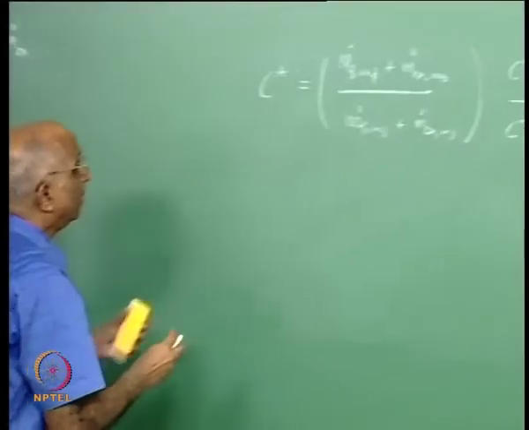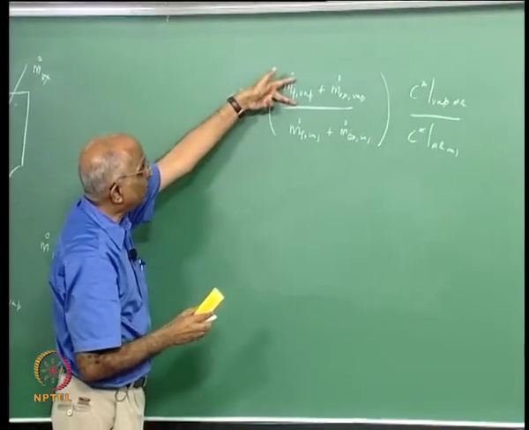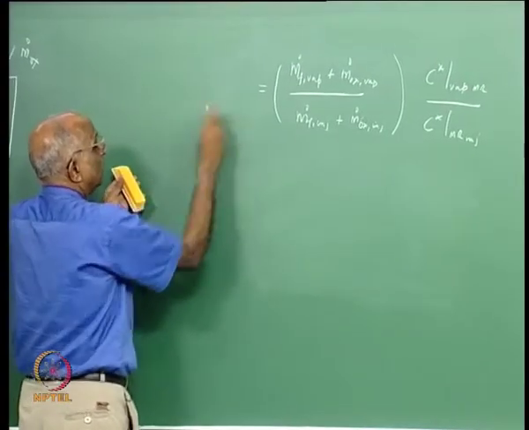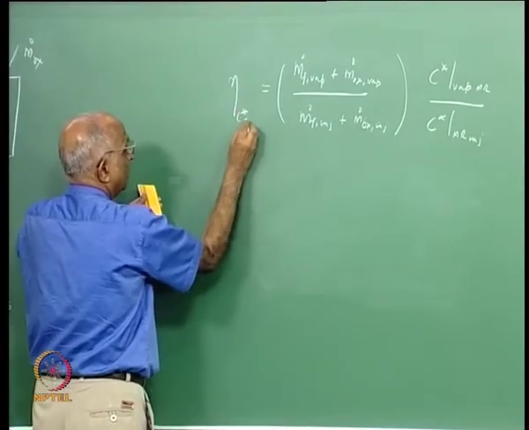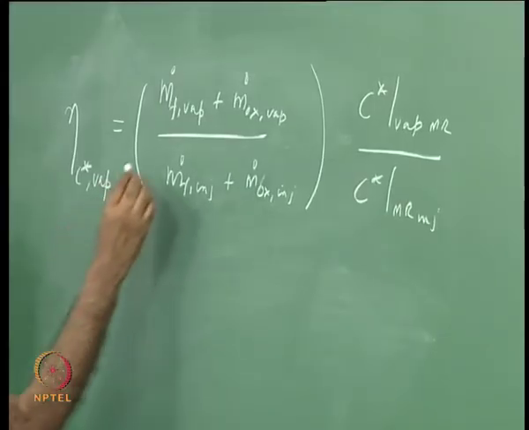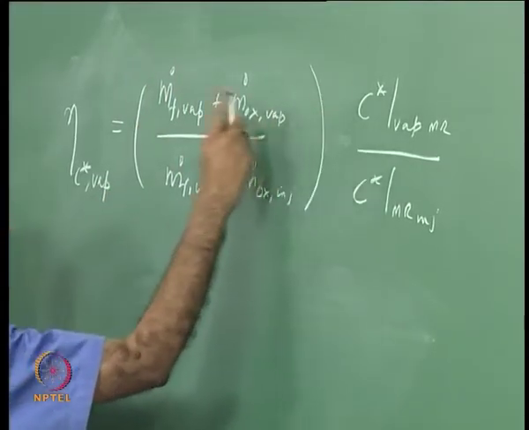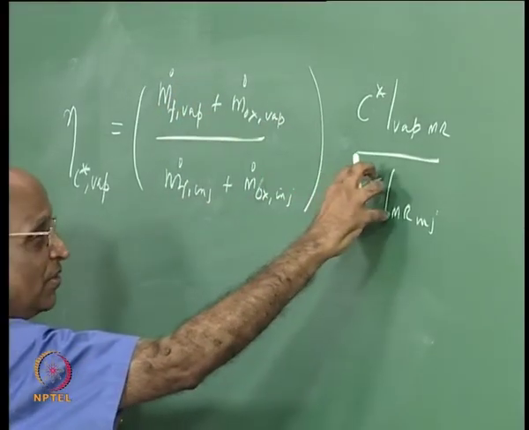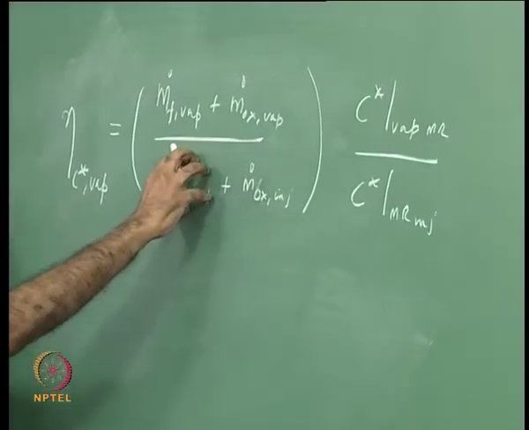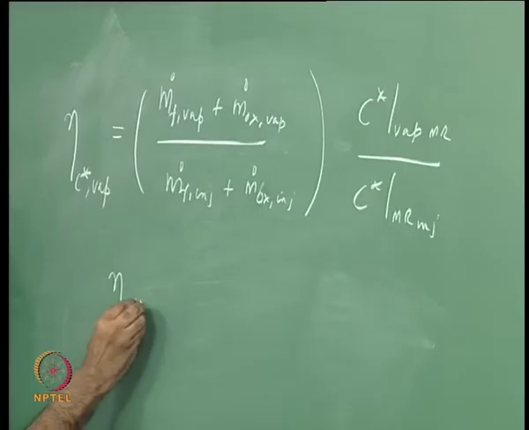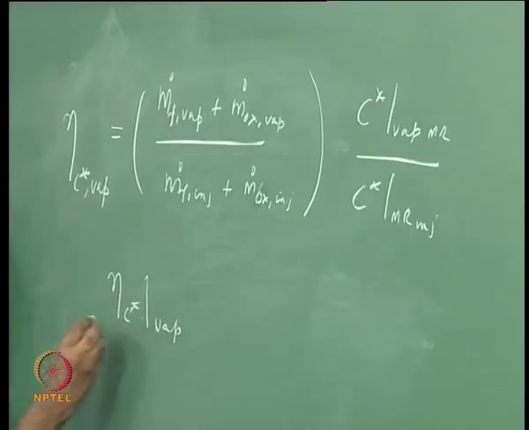And this gives me what? C star, mass weighted C star over here, and therefore this gives me the efficiency due to vaporization. In other words, this was the value of C star modulated by the total mass of propellants which are evaporated. This is the value of C star modulated by the total quantity, and therefore you have a value of C star corresponding to vaporization over here.